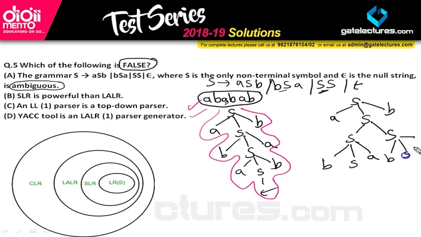With practice you will learn very easily. You just have to see the string. I want to produce AB, so first I will use this production. After producing this, I want a B, so I will use this production. Okay, so this is epsilon and the other epsilon.